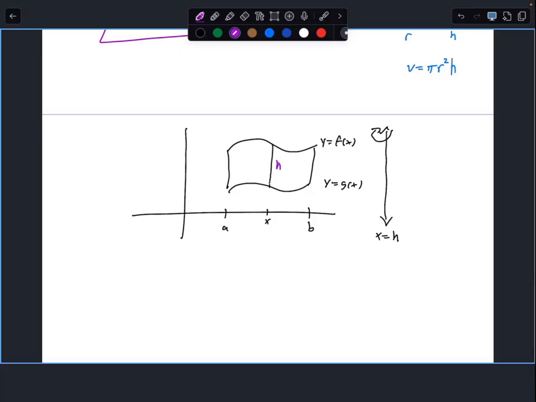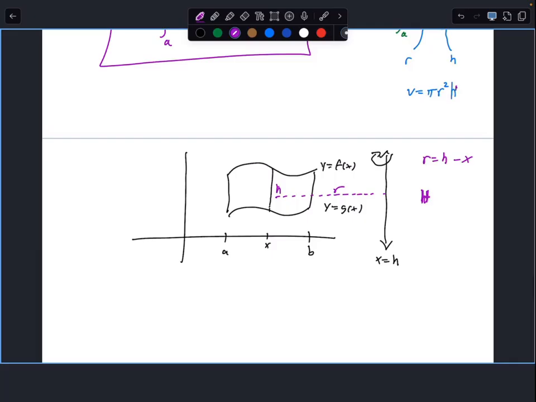But what is the radius? x minus h, close. So r is h minus x. And the height, I kind of did the same. Let me use a capital H here. The big H would be f of x minus g of x.